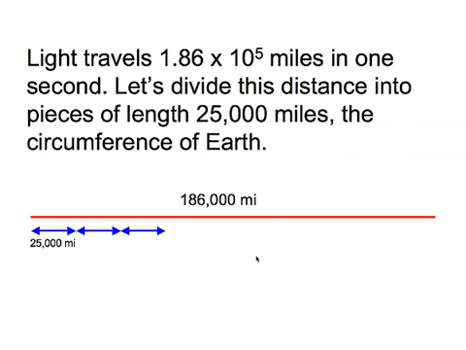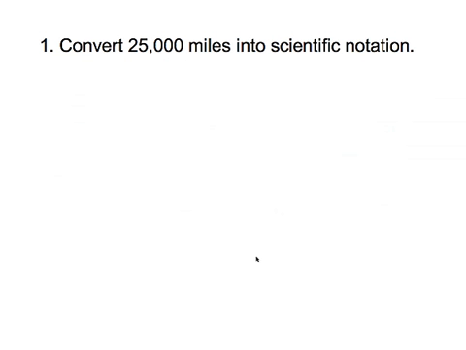First, let's convert 25,000 miles into scientific notation. We move the decimal point. Let's count it. 1, 2, 3, 4 places, giving us 2.5 times 10 to the 4th miles. Now we have to divide.